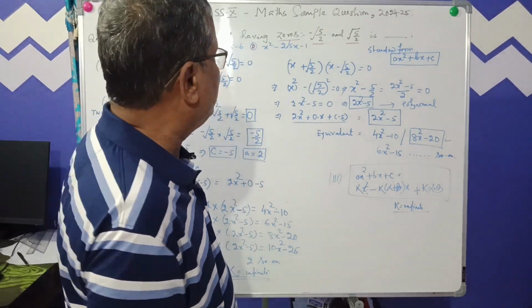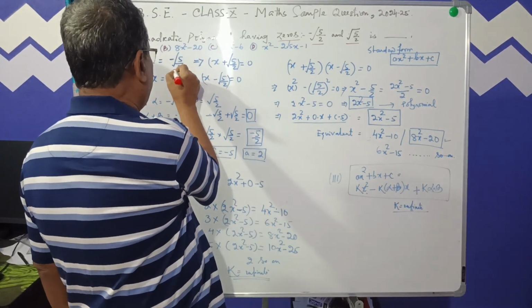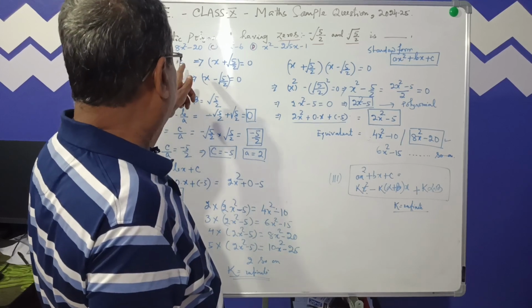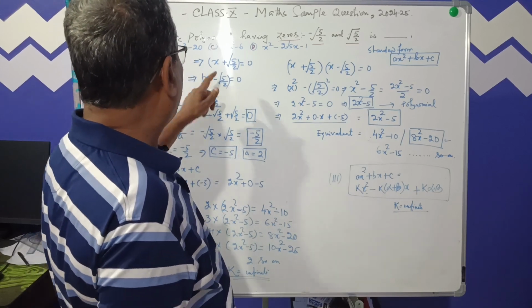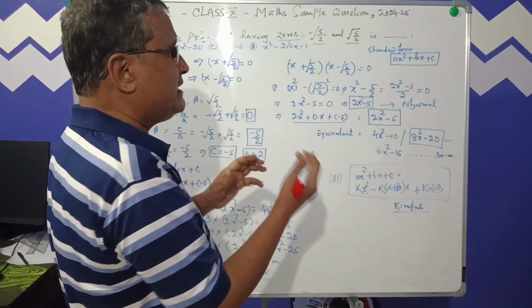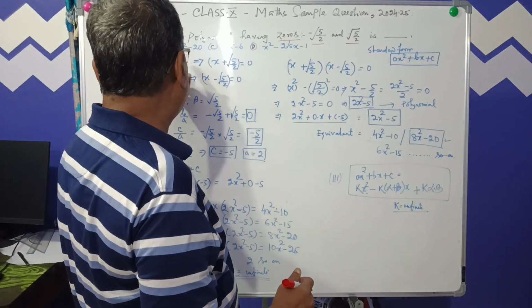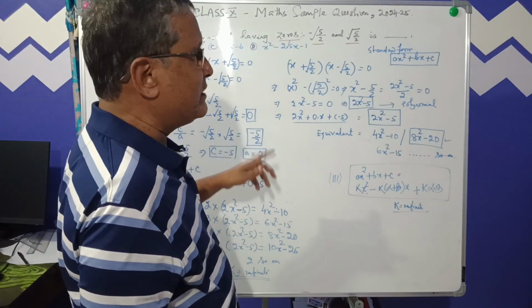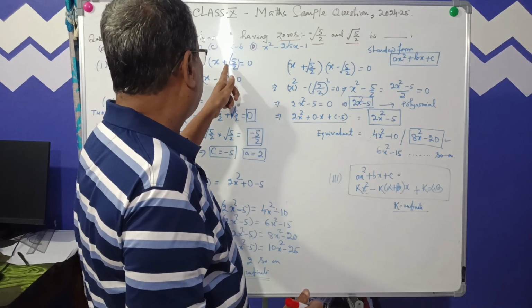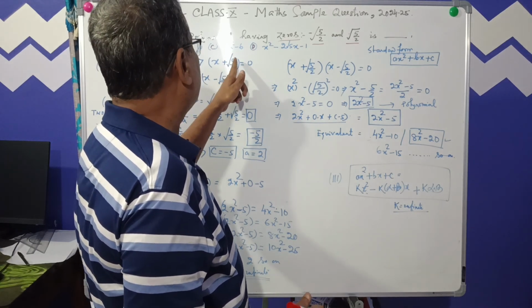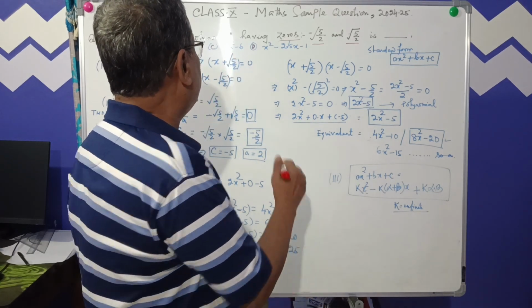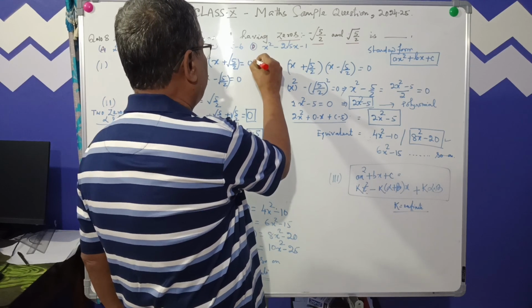If it is one of the zeros, it implies by transposition, changing the position, x plus root 5 by 2 is equal to 0. We got one factor.